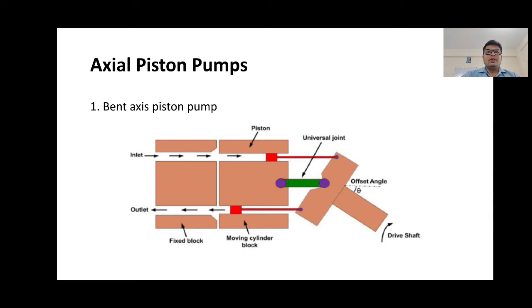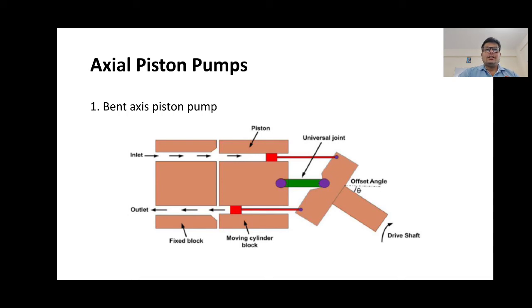The cylinder block is set at an offset angle with the drive shaft. The cylinder block contains a number of pistons along its periphery, and generally they are in odd numbers. These piston rods are connected with the drive shaft flange by ball and socket joints.